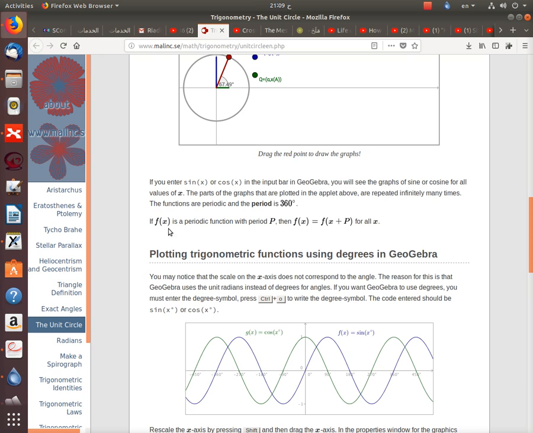If f of x is a periodic function with period p, then f of x equals f of x plus p. Well, I know it looks complicated, but it's easy.